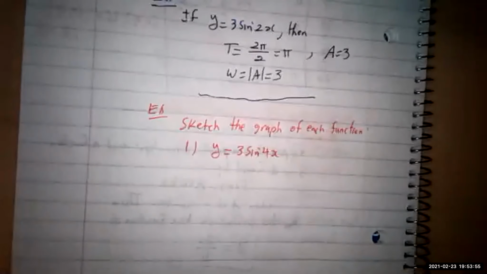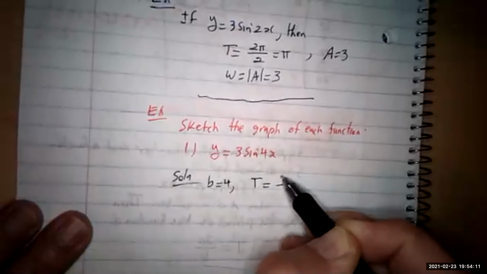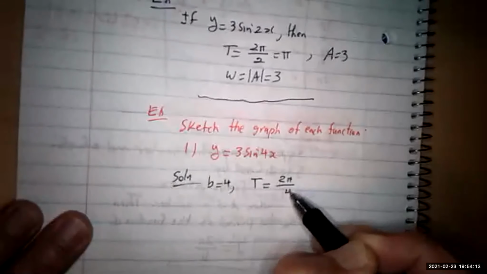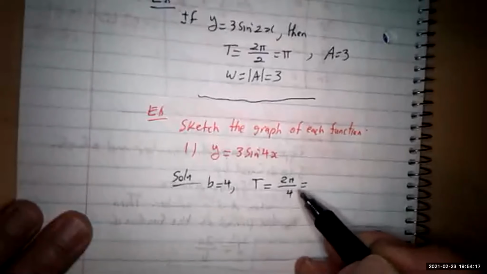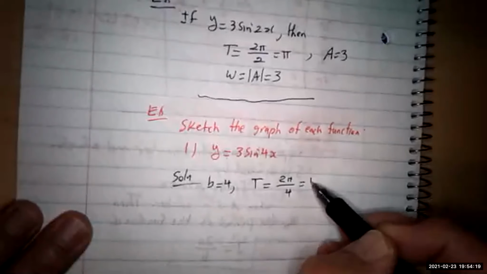Quickly identify the period. Solution: you see the coefficient b is 4. So the period of the function is going to be 2 pi over 4. You simplify that, and it gives pi half.